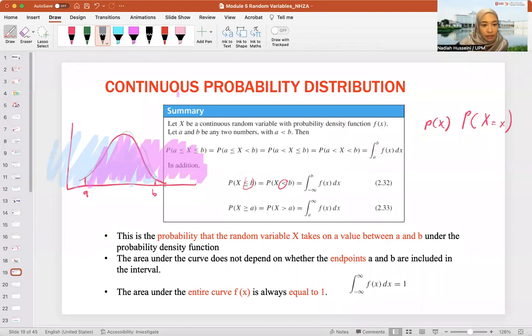So when I am finding something that is less than b and also greater than a, it only covers under the curve. Okay, so this is what it means. When I'm integrating between a and b, I'm only integrating under the curve, only the part that it overlaps.